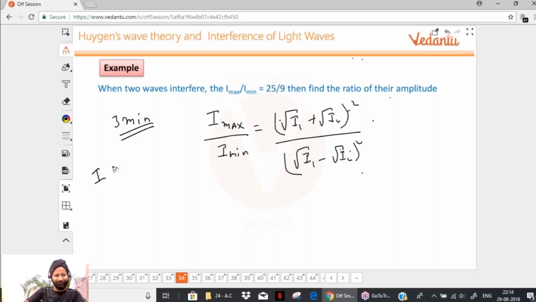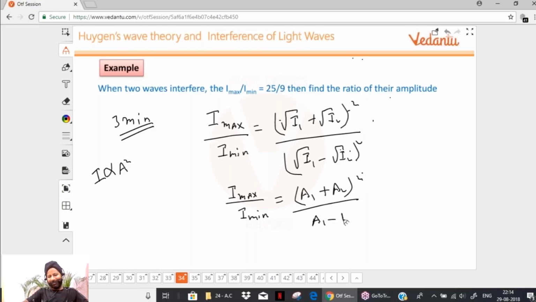I is proportional to amplitude square. So root I1 is basically proportional to amplitude 1. So I max by I min is actually equal to (A1 plus A2) whole square divided by (A1 minus A2) whole square. Is it clear so far?